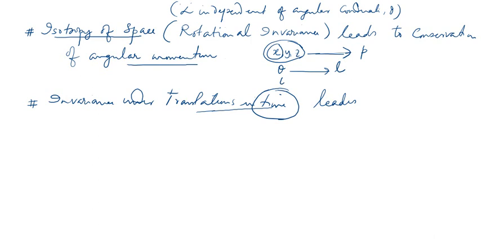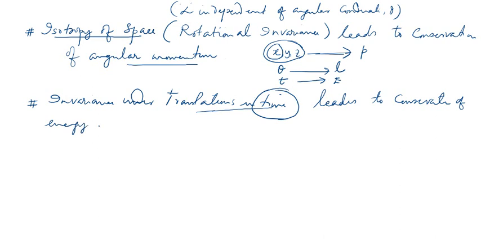Now it is the turn of time, and what is the conjugate variable of time? That is nothing but energy. So invariance under translations in time leads to conservation of energy.